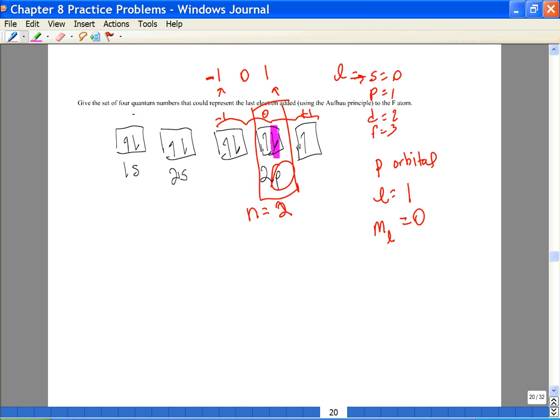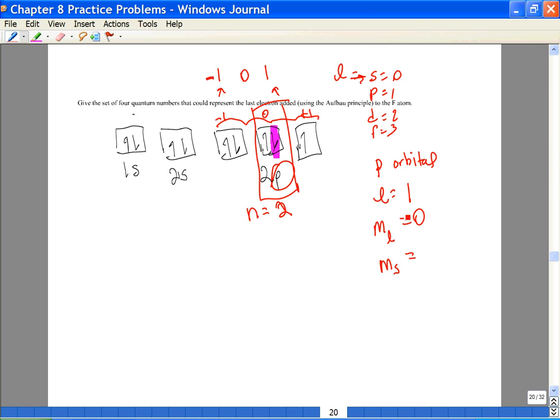And finally, we have a spin quantum number, which tells us whether our electron is flipped up or down. In this case, it filled last, so it paired. And so when it paired, we assume that it's a down spin.